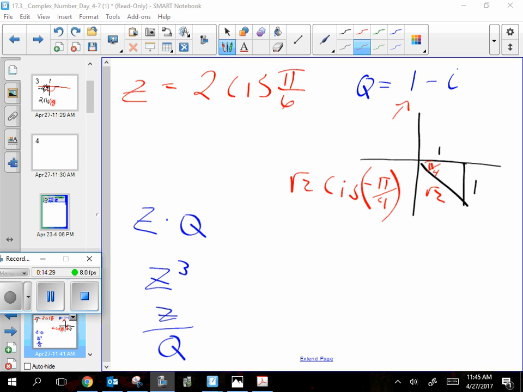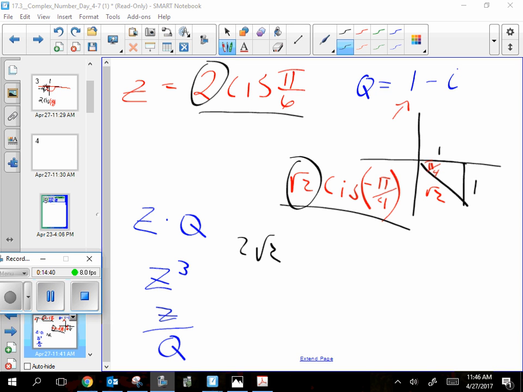All right. So now let's actually take this cis and this cis and multiply them. Would you agree that they have to get multiplied? 2 root 2 cis, and then all I have to do with the angles is add them. But what's pi over 6 and negative? If I add negative, it's really like subtracting, isn't it? Okay, so now I should get a common denominator, because pi over 6 minus negative pi over 4 won't get along real well because they don't have a common denominator.